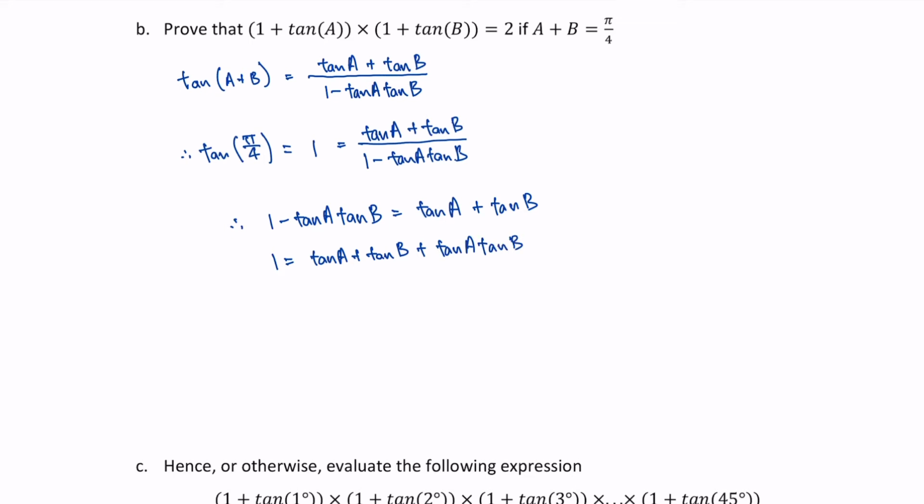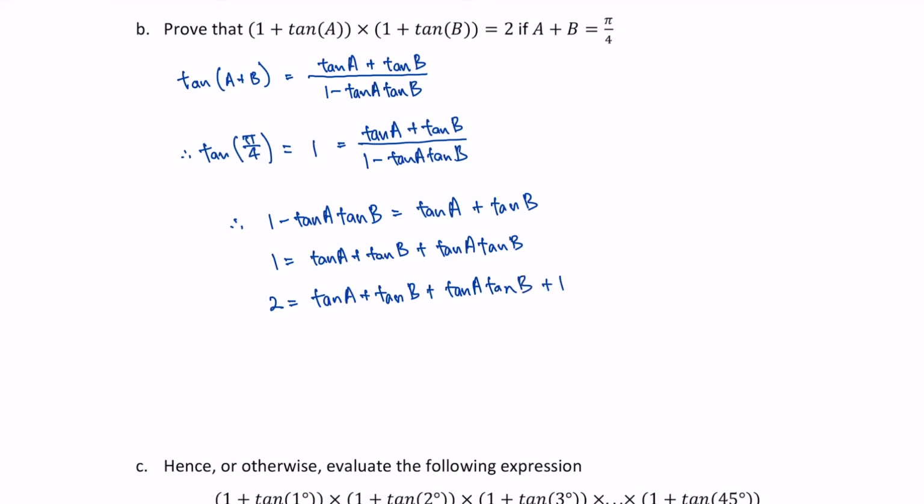Now we're going to use a little bit of a trick here. We're going to add 1 on both sides, because that way we make something we can factorize on the right hand side. So I'm going to add 1 on both sides. This becomes 2, and then we're going to have tan of A plus tan of B plus tan of A tan of B plus 1.